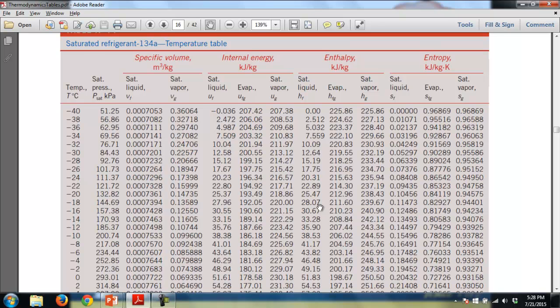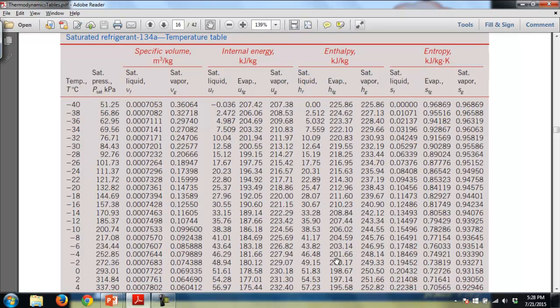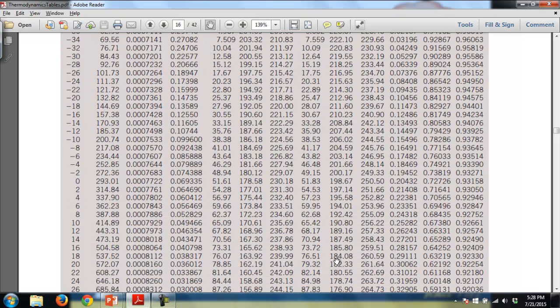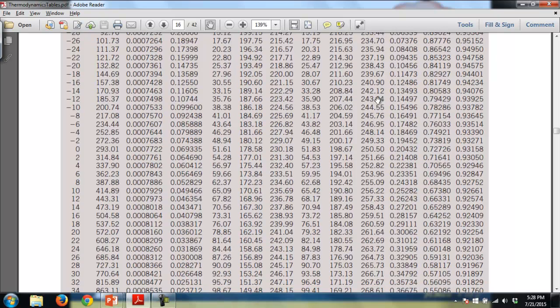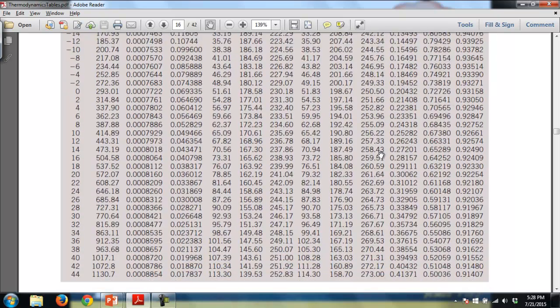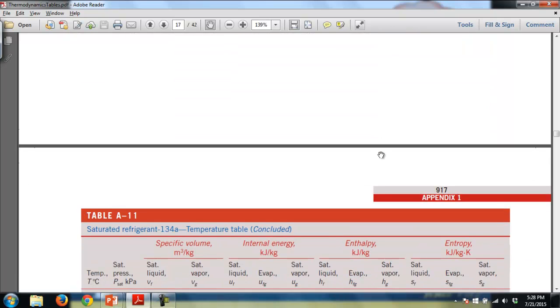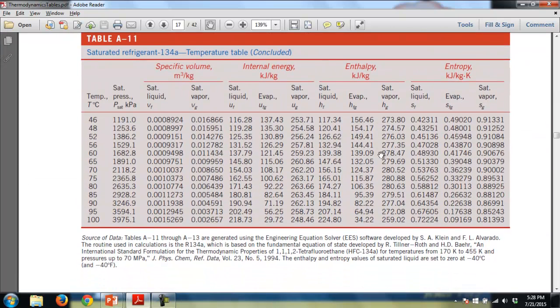All right, so if we look at this value HFG, we realize that as the temperature gets larger, looking down, the numbers get smaller. If I scroll down a little bit further, what I'm looking for here is a value of 140. And it looks like I have to go to the next table here. So here's HFG.